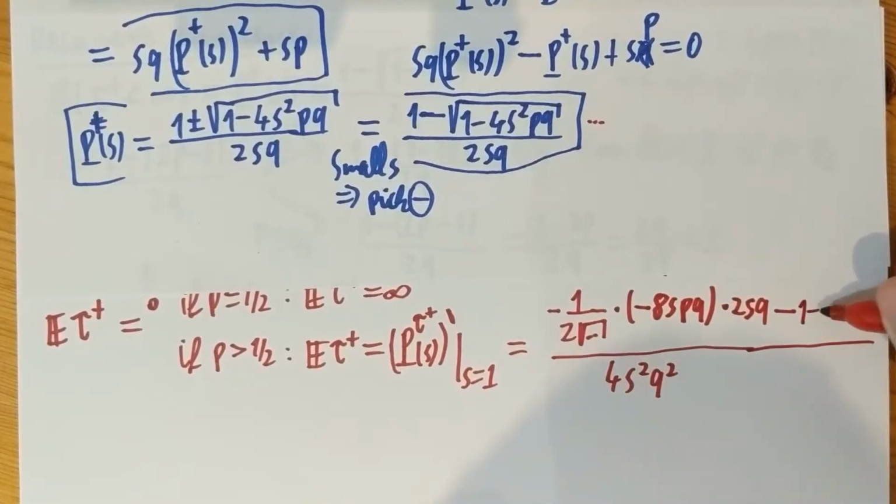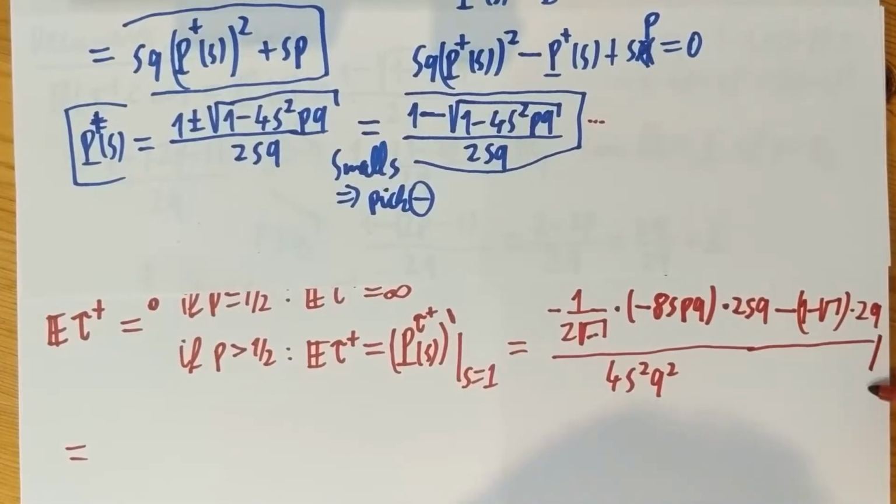So 1 minus square root times the derivative of 2sq, which is 2q. And I have to plug this in at s equals 1.